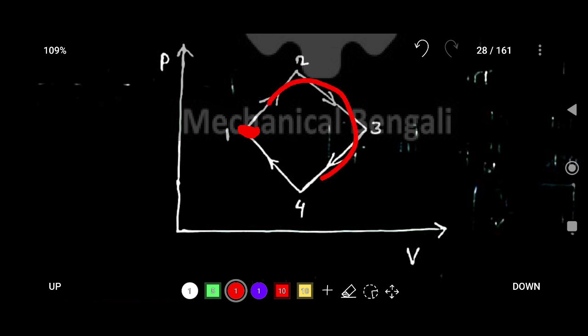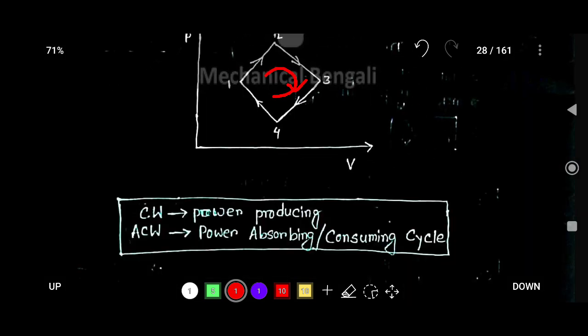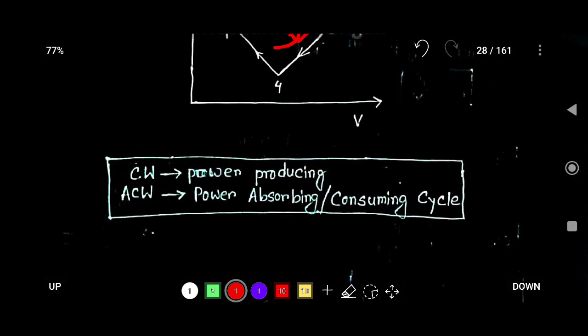Here it may be clockwise or anti-clockwise, but in this process it is clockwise. If it is a clockwise cycle, then it is a power producing cycle.